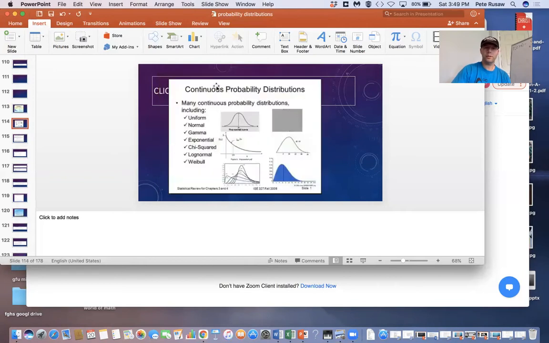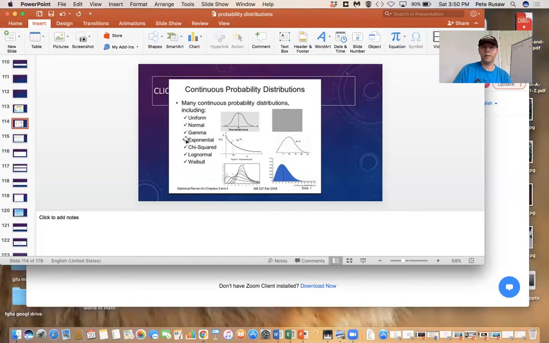Last time we just talked about generic continuous probability distributions. We also looked at the uniform, or flat horizontal one. It's real easy to find the area there because they're just rectangles. We will be looking at the normal distribution, but today we're going to look at the gamma distribution, and a specific instance of the gamma distribution is the exponential. So this is a subset of gamma.